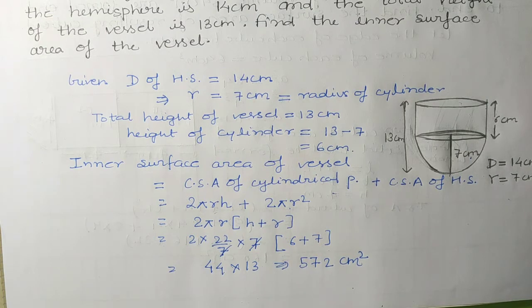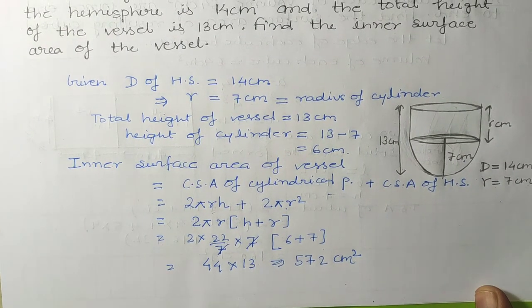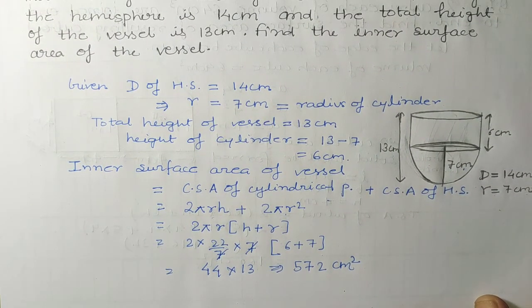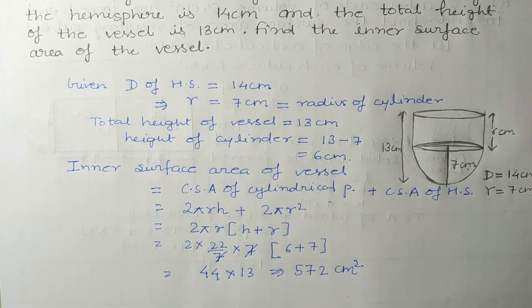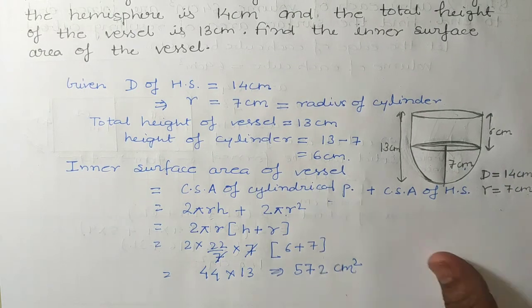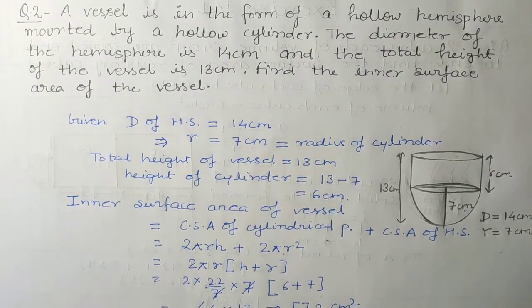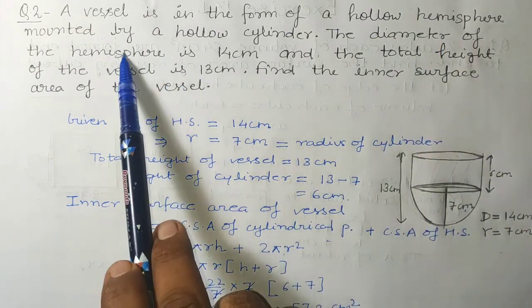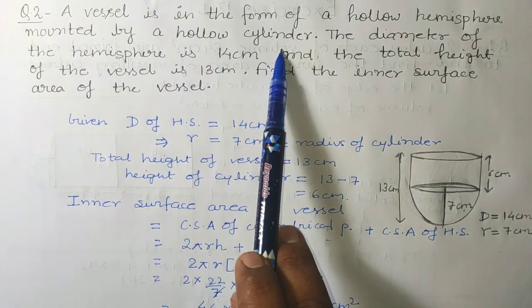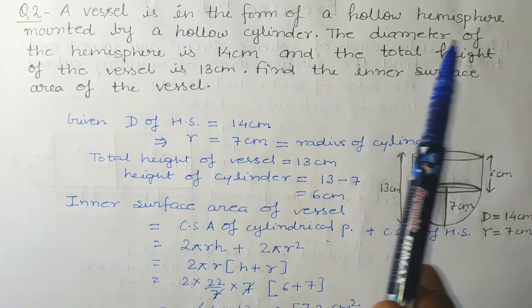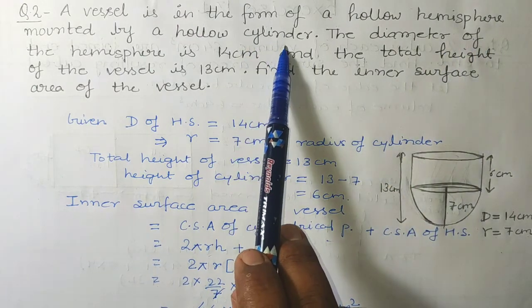Okay, one important thing in this question is you have to be very clear about surmounted by and surmounted on. When in the question it is written, see here, hemisphere surmounted by a hollow cylinder, means at the top of hemisphere there will be hollow cylinder.